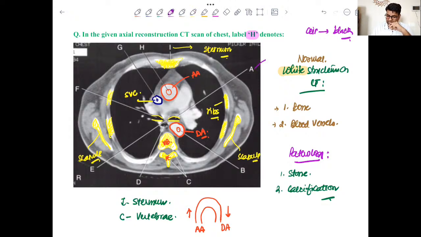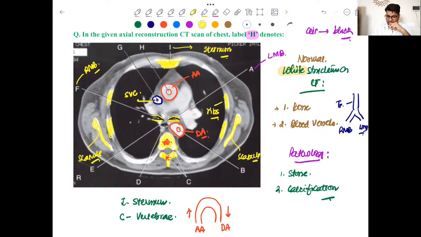So A is the left main bronchus and F is the right main bronchus, which arises because of division of the trachea. I am extremely sorry. So this is the trachea, this is the right main bronchus, and this is the left main bronchus. They will appear black because they contain air. And posterior to the trachea, we will have the esophagus. So this is the esophagus.